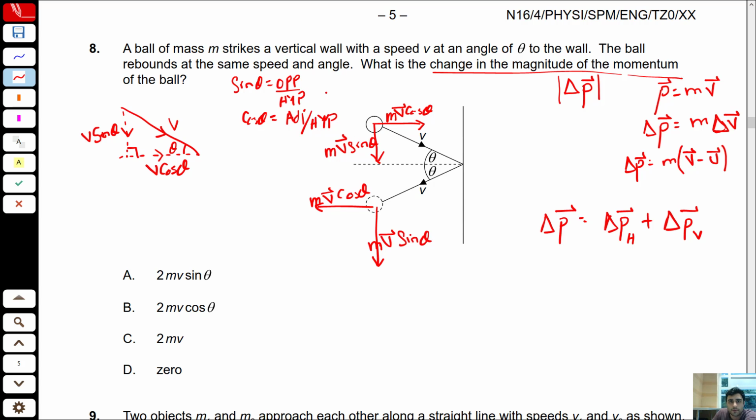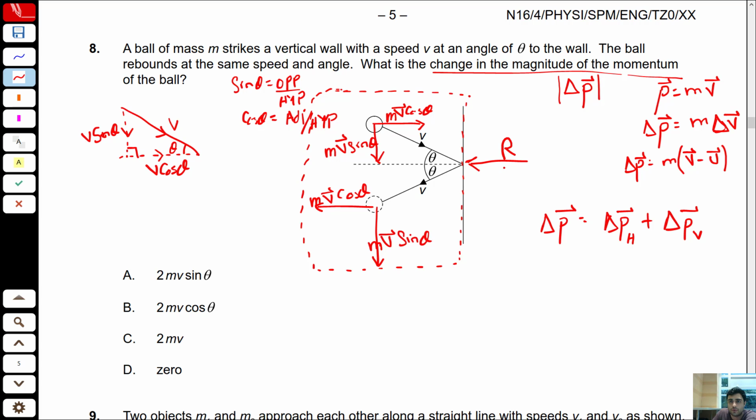So what's going to happen here is, first of all, draw an imaginary box. Now, when this ball hits the wall, the wall exerts a normal reaction force on the ball.